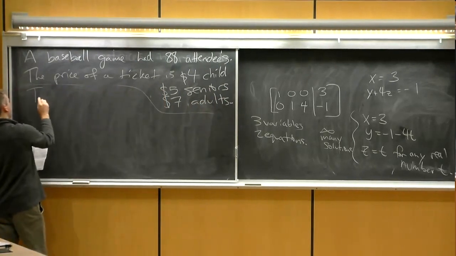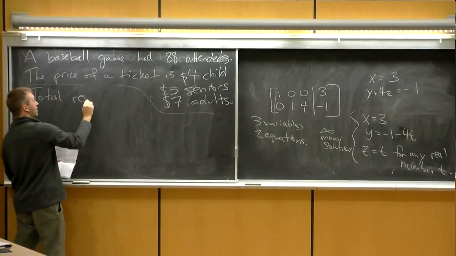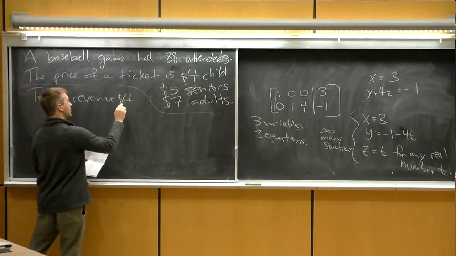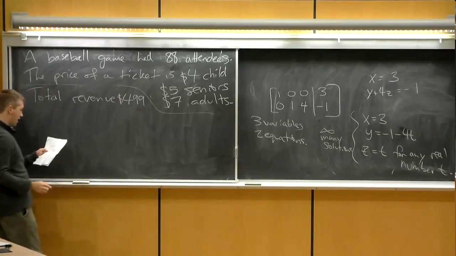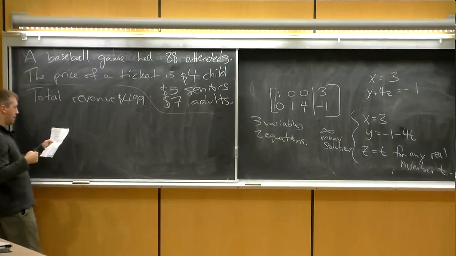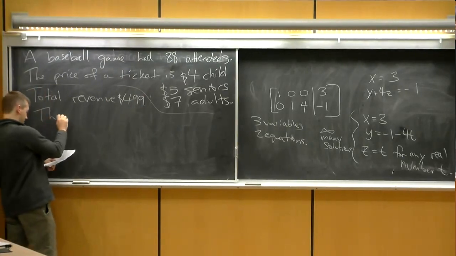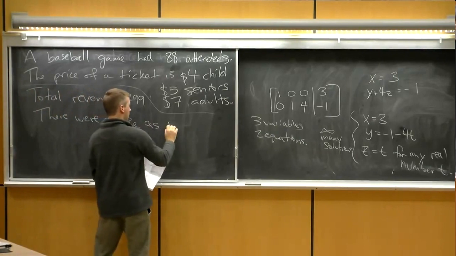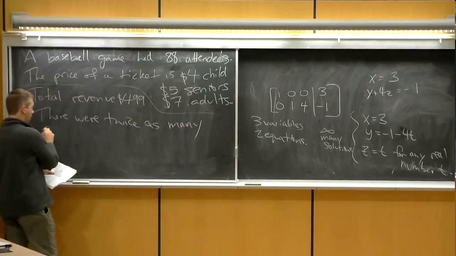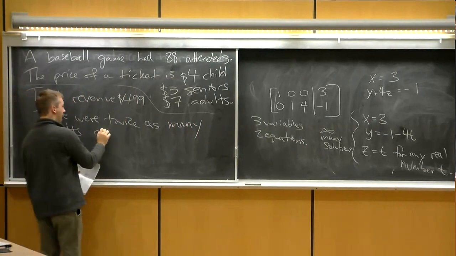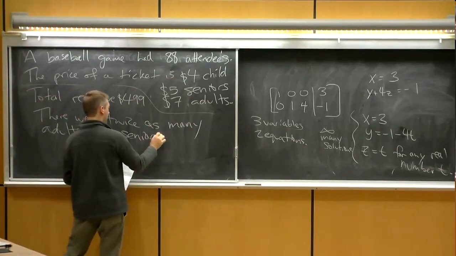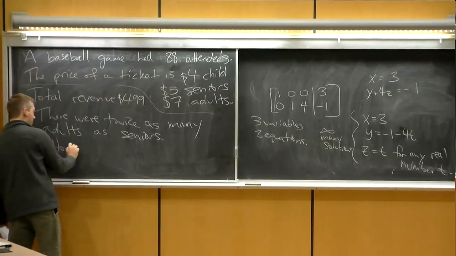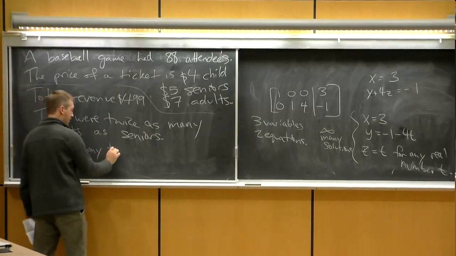The total revenue, so the total amount of money they made, is $499. And let's say we know that there were twice as many adults as there were seniors. Okay? So how many tickets of each type were sold?